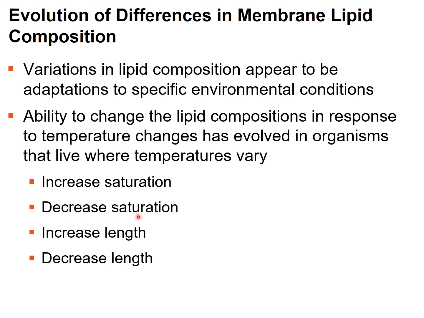So it makes it more fluid. Some of them can increase the length of their fatty acids, which makes it more rigid. And some of them can decrease the length, which creates more space, which makes it more fluid. So some organisms can adapt to their environment by changing the lipid compositions of their membranes.